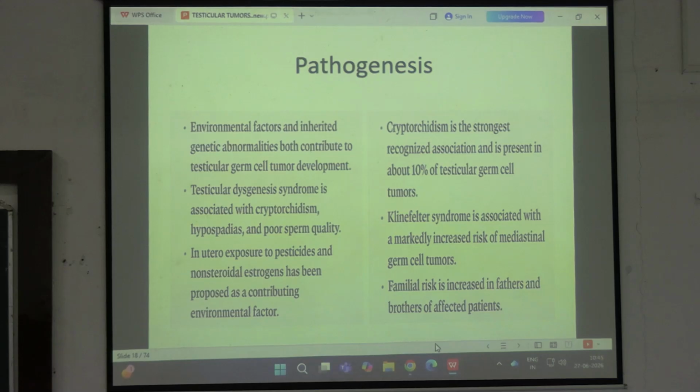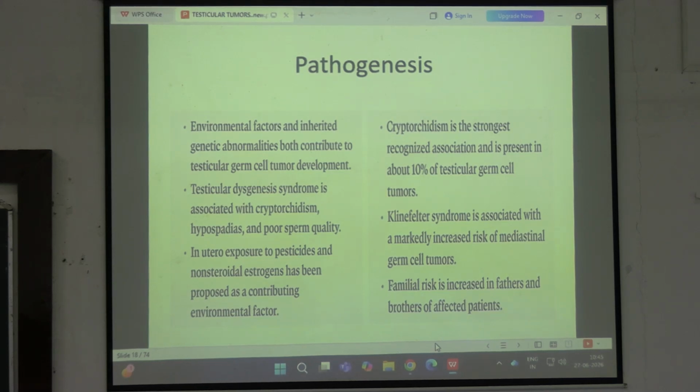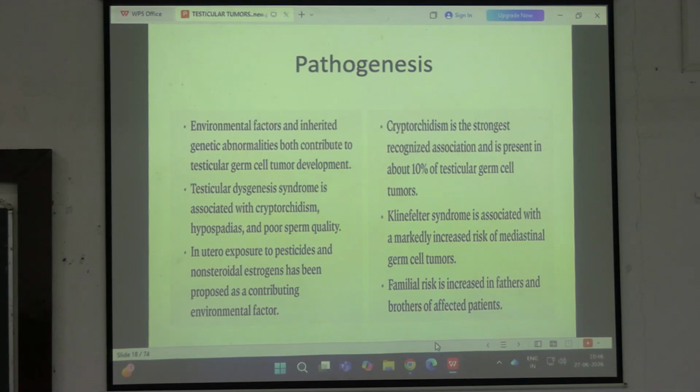Now I already told you that GCNIS develops in utero, right? During the embryologic phase. Therefore, in utero exposure to pesticides and certain forms of estrogen can also be risk factors. Now cryptorchidism is the strongest recognized association.